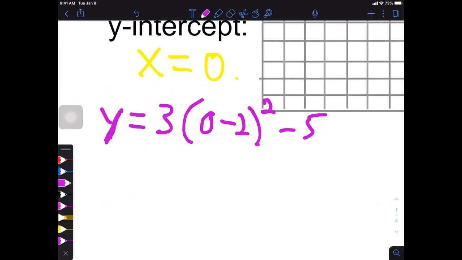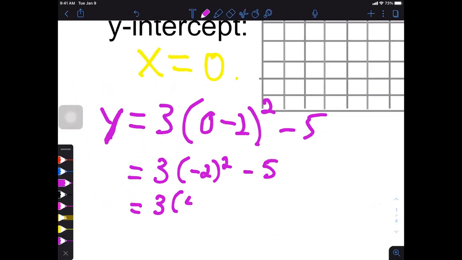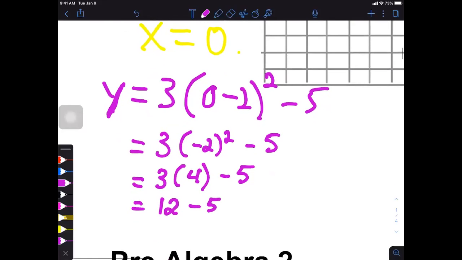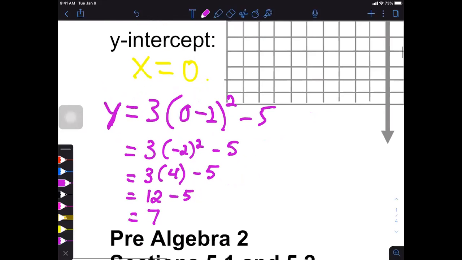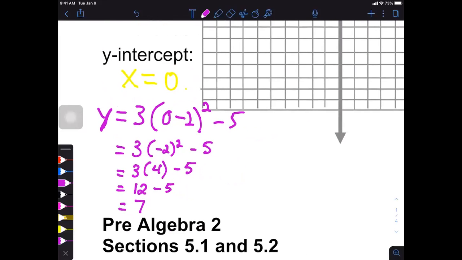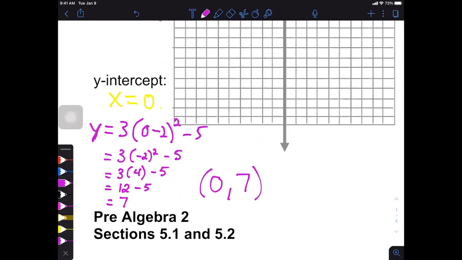You do the inside of the parentheses, which would give you -2. Okay, what do we do next? Then you would square the -2, which would give you 4. Good, what's next? Multiply the 3 and the 4, which would give you 12 minus 5, which would then give you 7. Good, so what's our final point for the y-intercept? (0, 7). Yeah, that's it.